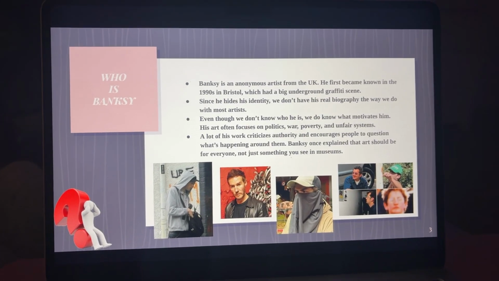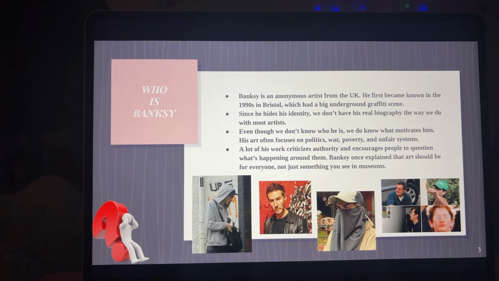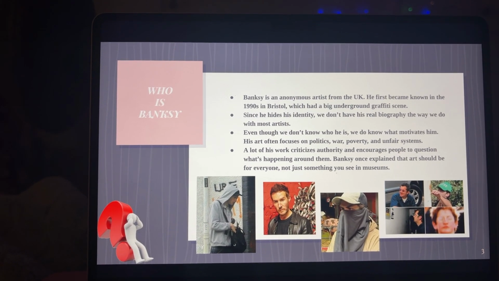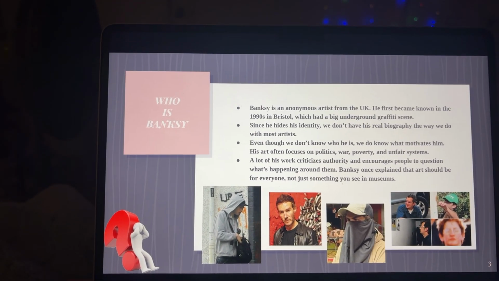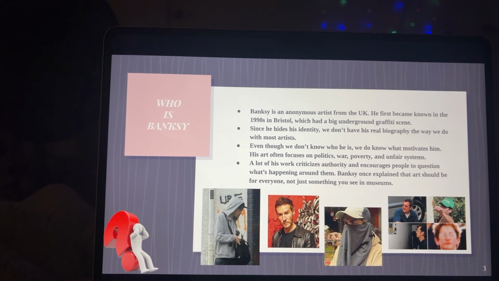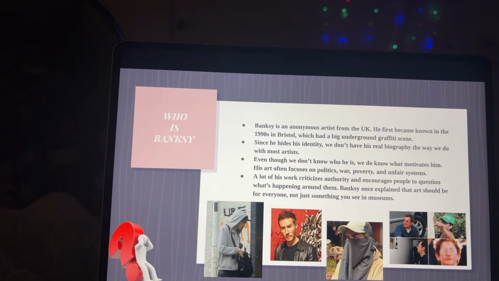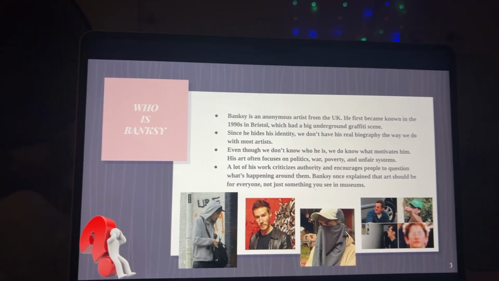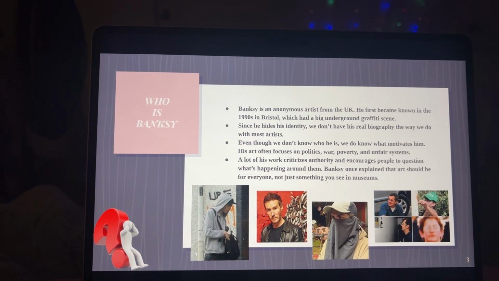Who is Banksy? Banksy is an anonymous artist from the UK. He first became known in the 1990s in Bristol, which had a big underground graffiti scene. Since he hides his identity, we don't have his real biography the way we do with most artists. Even though we don't know who he is, we do know what motivates him.